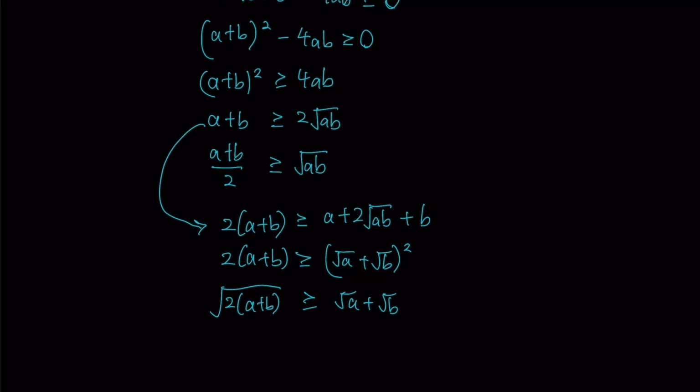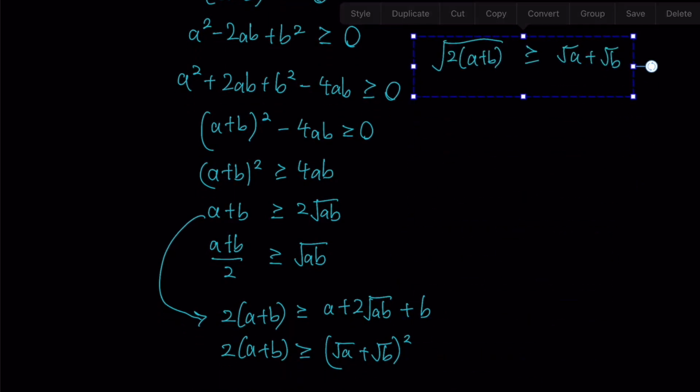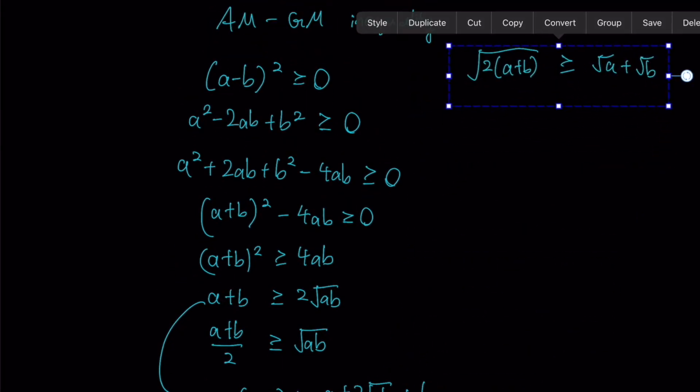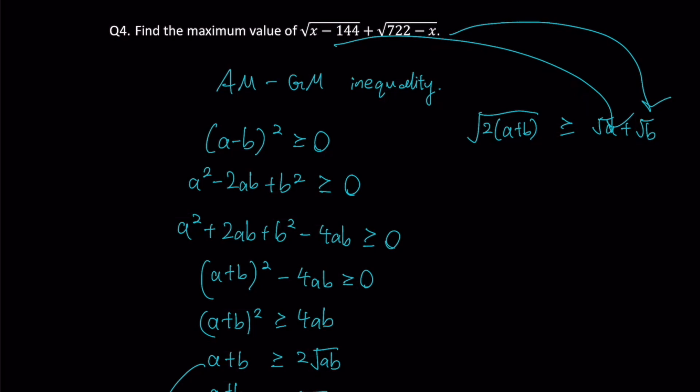Now, how do we relate this back to the question? So this result over here, right? Remember that we are trying to find the maximum value of the sum of two expressions, which correlates to whatever we have on the right-hand side of this inequality. So if x minus 144 is our a, and if 722 minus x happens to be our b, then what we want to find is really the square root of 2 times a plus b.